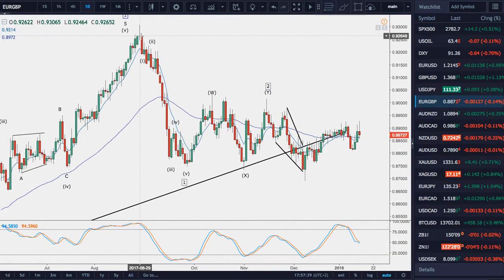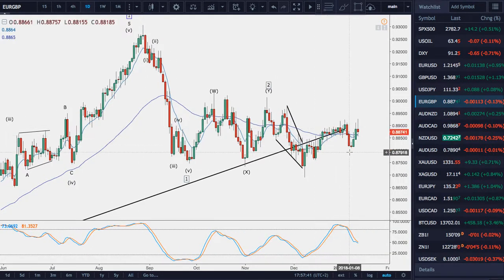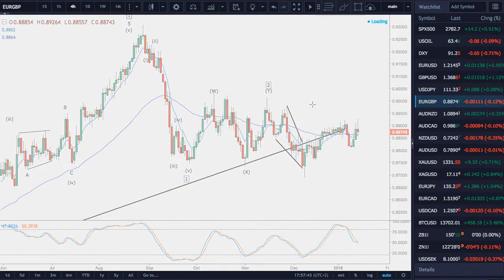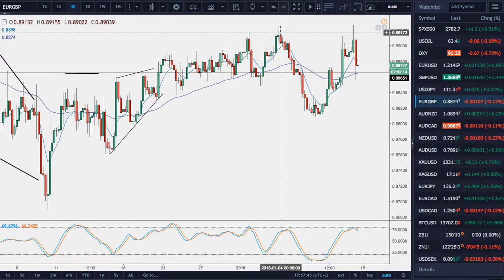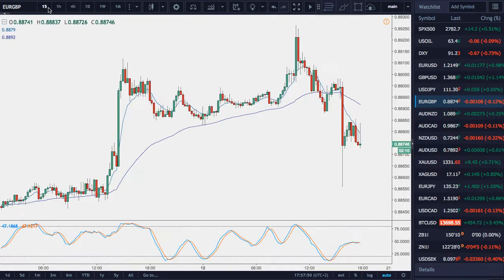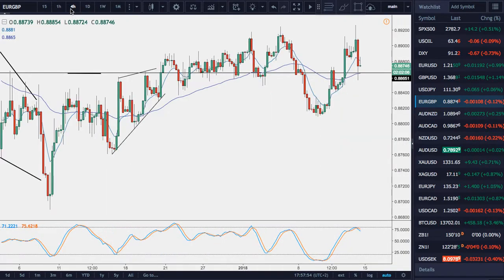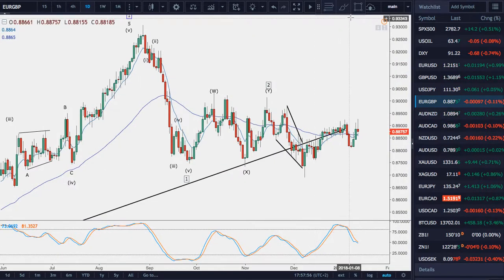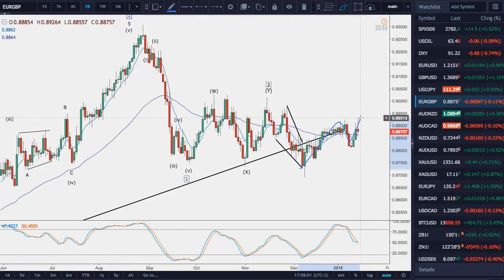Euro pound has not done anything. There was a down move this week. I was looking for it to hold that high here, and it ended up breaking that high. And it sold off from there. We need a 5 down here, which hasn't happened yet. So I don't really know what this is doing. What it suggests so far is that it could be just 3 waves to here. And now we can see the down move.